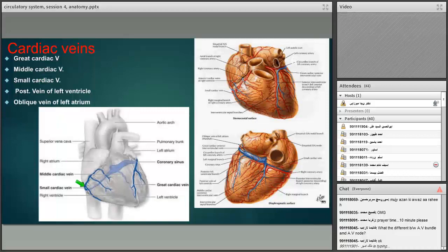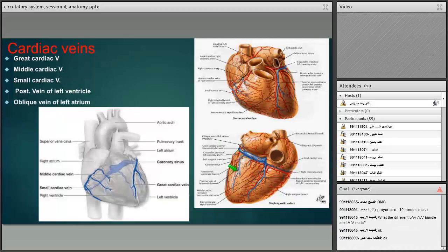The small cardiac vein is placed on the right margin of the heart and beside the right marginal branch. Another vein is the posterior vein of the left ventricle. Look at here. The posterior vein of the left ventricle is beside the posterior branch of the circumflex artery, which is on the posterior side of the left ventricle.